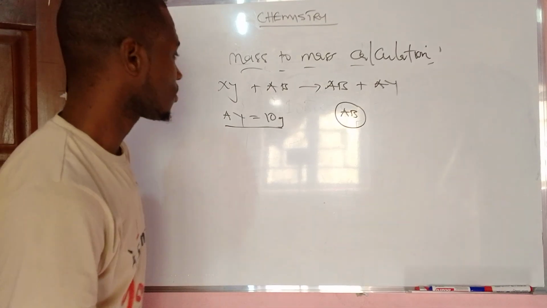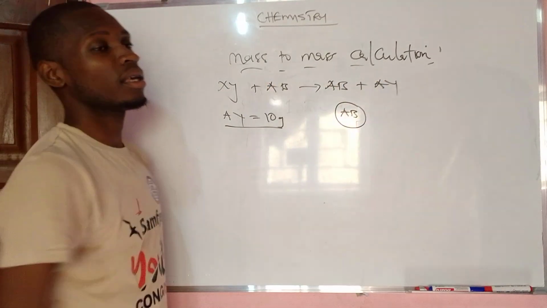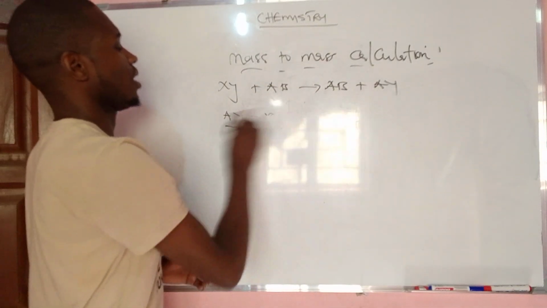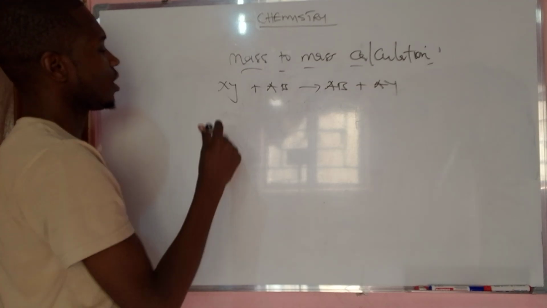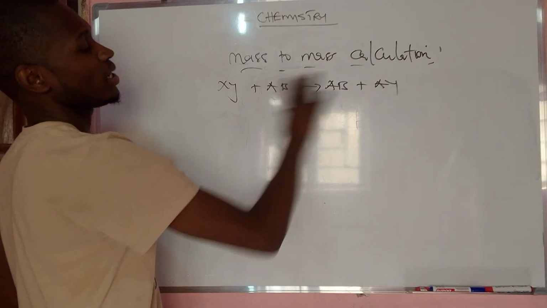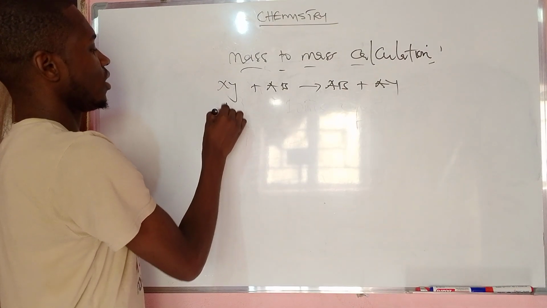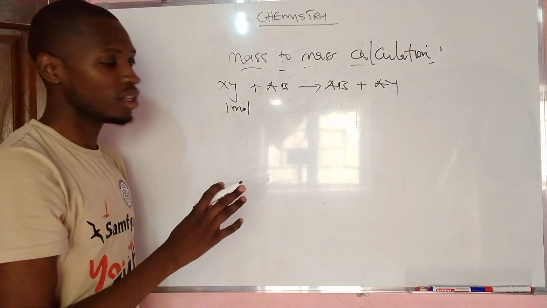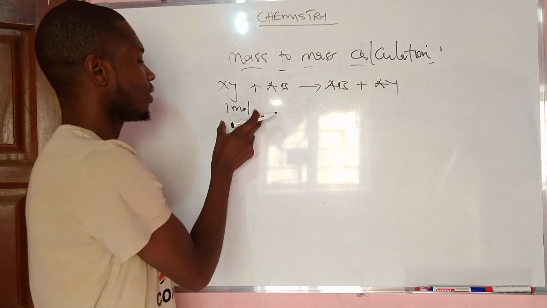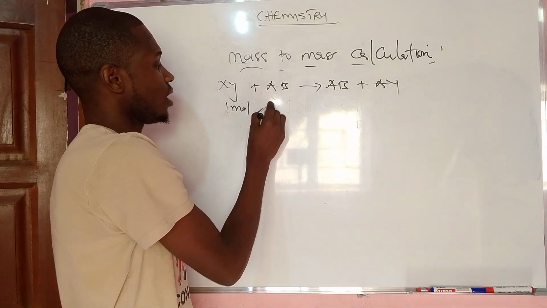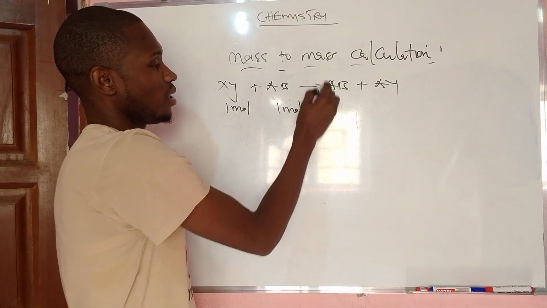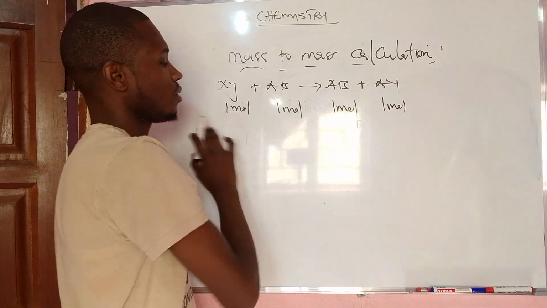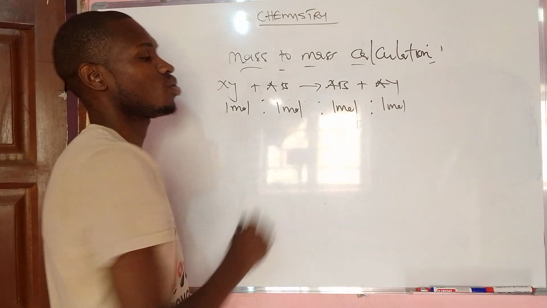In this situation, we need first to balance the equation. If the equation is balanced, then we say we have one mole here, where 1 is the coefficient. Then also here we have one mole, and here and here. So the ratio is 1 to 1 to 1.